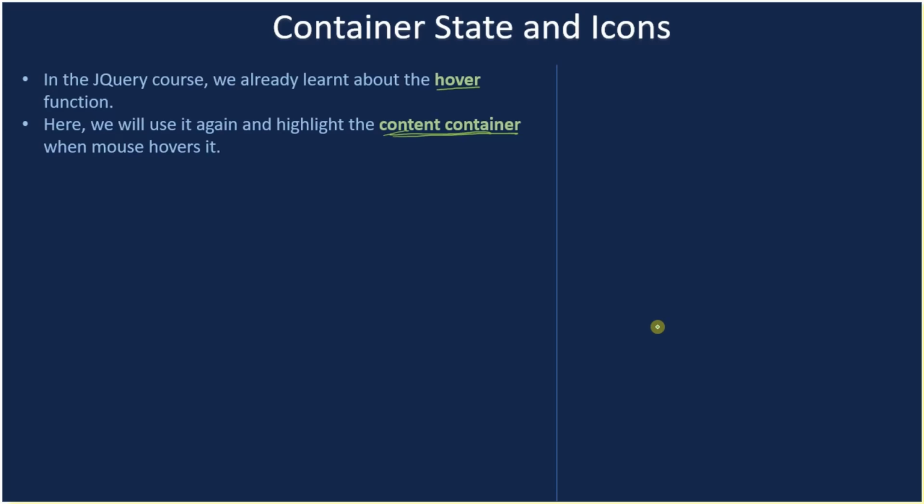We decorated one div tag with the header container and another div tag with the content container. In this video we will use the content container and track the mouse using the hover function and highlight the content container when the mouse cursor is inside the content container.